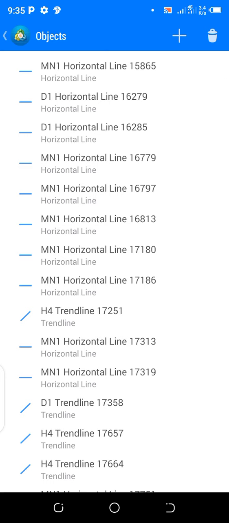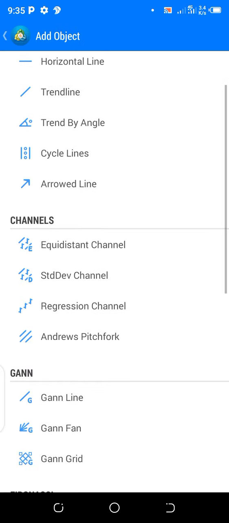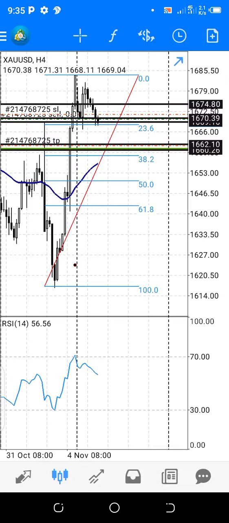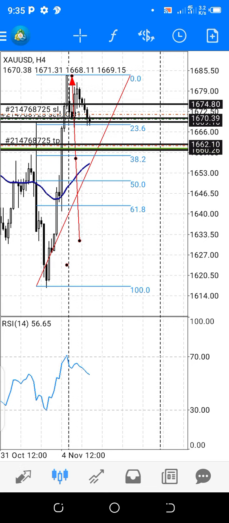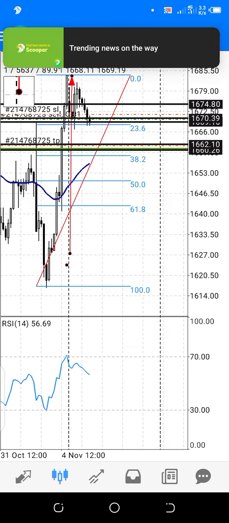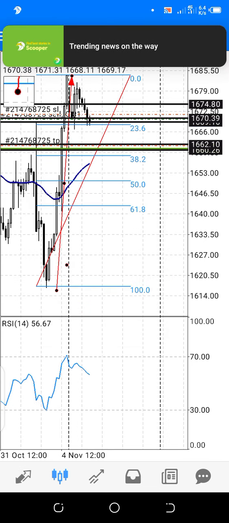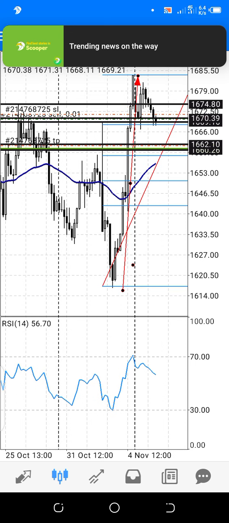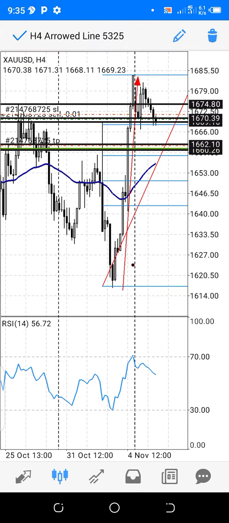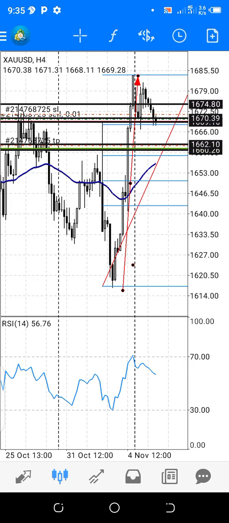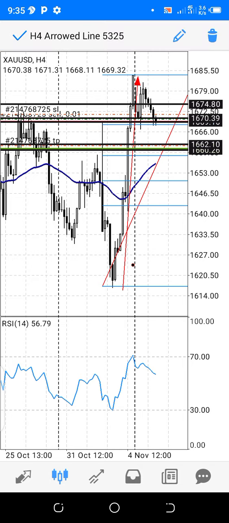So that is the 4 hour time frame we saw there. After this long run, you can see the run. After this long run, you can see now, the market is responding to this.